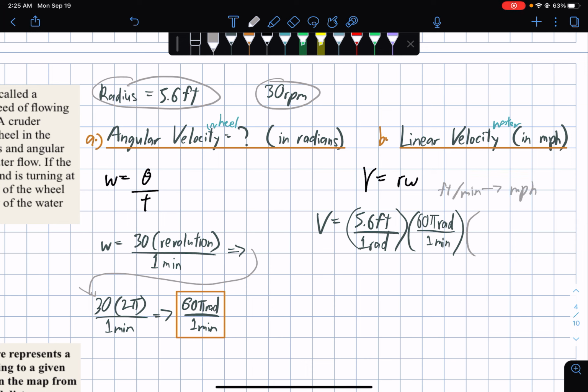For letter B, use proportion to find the horizontal distance between A and B if the measured distance on the map is 1.6 centimeters. This is basically a conversion factor, so we apply the techniques of conversion factoring. We have 1 centimeter, 625 meters.